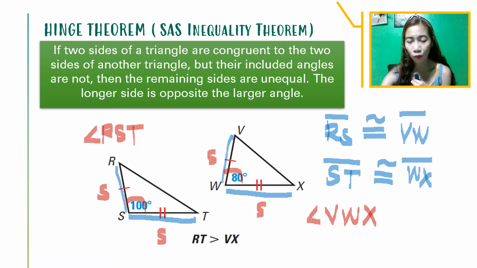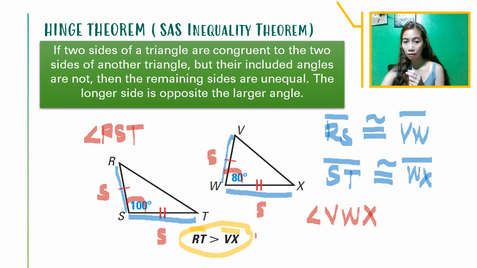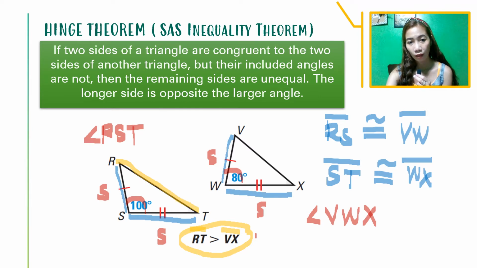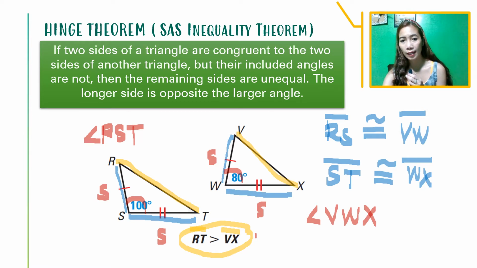So, bakit ba ito ang naging conclusion? Why is segment RT greater than segment VX? So ito yung RT, this side, and this is segment or side VX. Bakit mas mahaba ang RT?